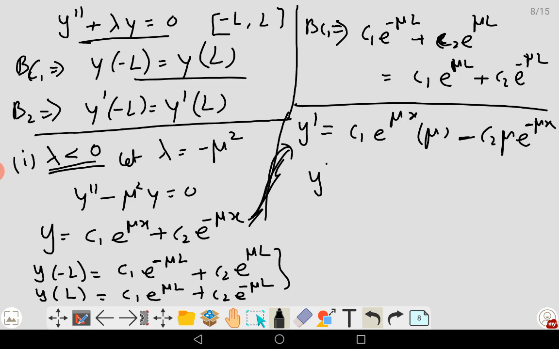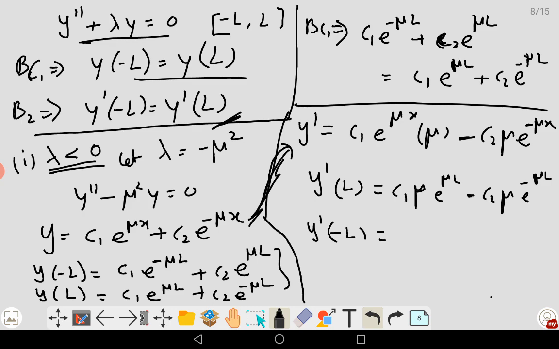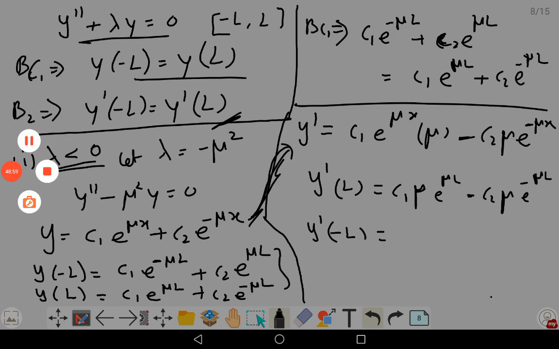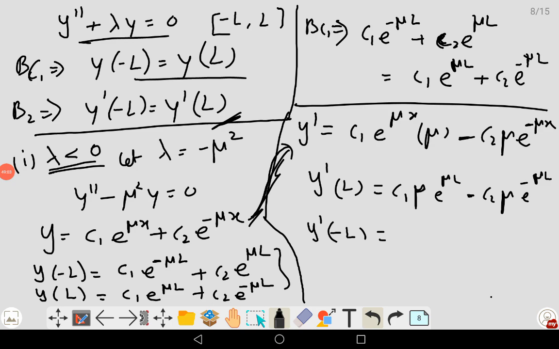Now y prime of L gives c1 mu e raised to mu L minus c2 mu e raised to minus mu L. Similarly, y prime of negative L: substitute x is negative L in this equation, and you get c1 mu e raised to minus mu L minus c2 mu e raised to mu L.